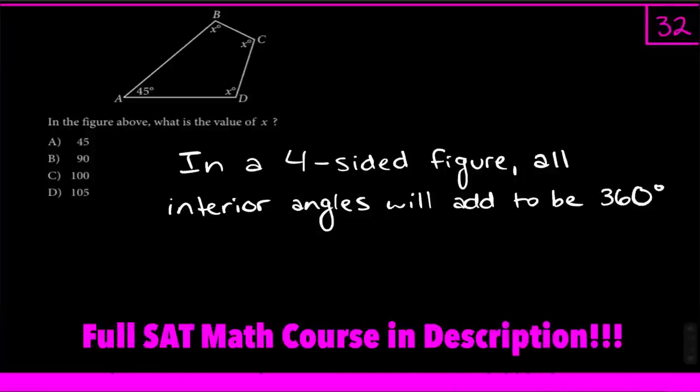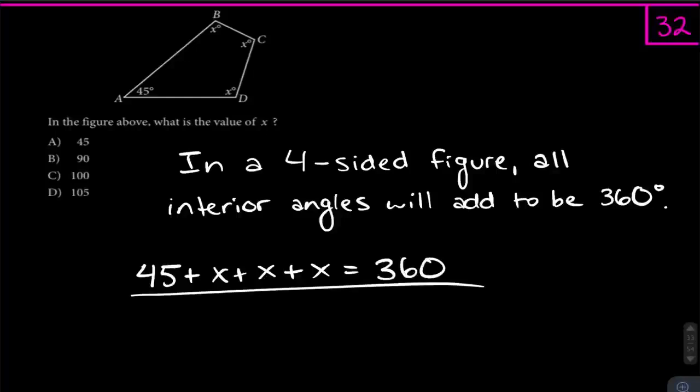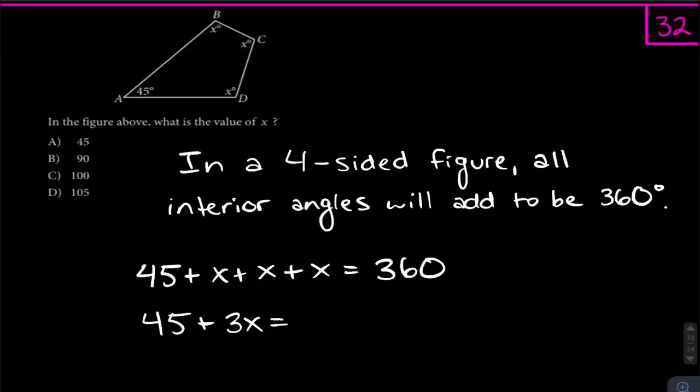And since we know this, what we can do is 45 plus all the other angles, right? x, x, and x, or you could write that as 3x. We'll do that in the next line. But then, this all added together is going to equal 360. And so now you have an equation where you can just solve for x, right? And so let's do that. We get 45 plus 3x is equal to 360.